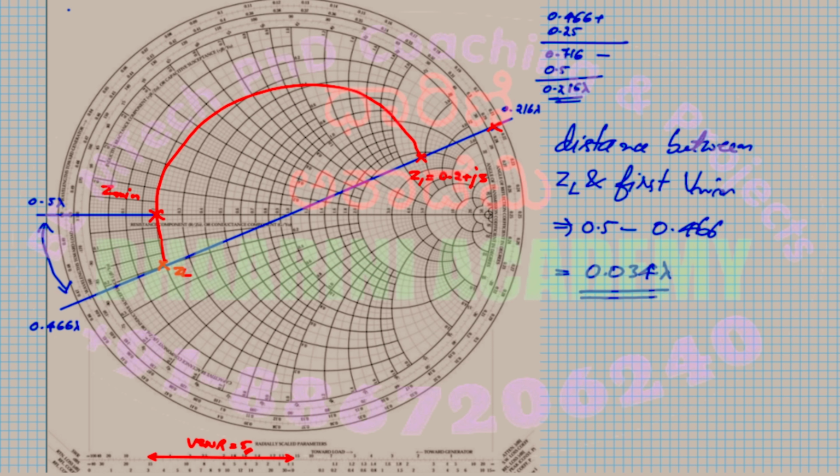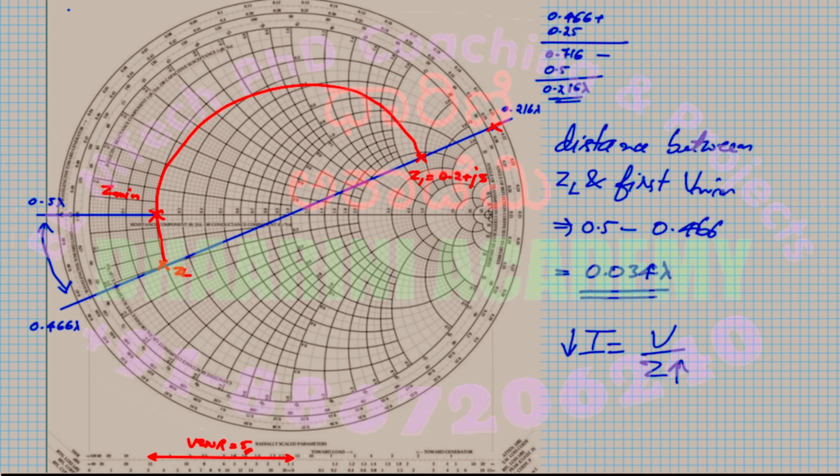There is another part of the question which says: tell me the distance of the first current minimum, where the current becomes minimum. To find the current minimum, this is the equation: current is equal to voltage by impedance. So current reduces means impedance increases.